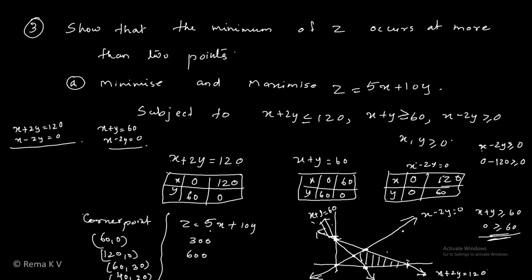Friend, check it once again. 5 into 60 is 300, plus 300. That also gives the answer 600. Right? Okay, last one is 400.